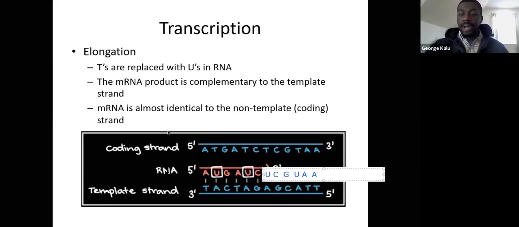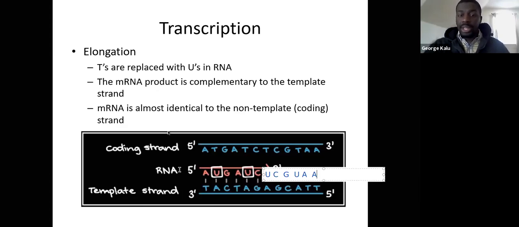Now, another thing to keep in mind here is that the non-template strand, also called the coding strand, and the RNA are both going to look very, very similar. Almost identical, which makes sense because the non-template strand should be complementary to the template strand, right? And the RNA is also complementary to the template strand. So if they're both complementary to the template strand, then the non-template strand and the RNA should look almost identical.